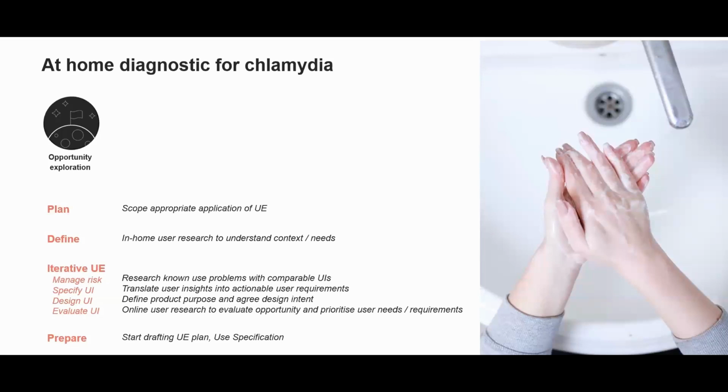Another key activity, a foundational activity, is to understand user needs and define intended use. So this is about all the important characteristics that influence use, so defining users, use environments, use scenarios, and even thinking about training, for example.